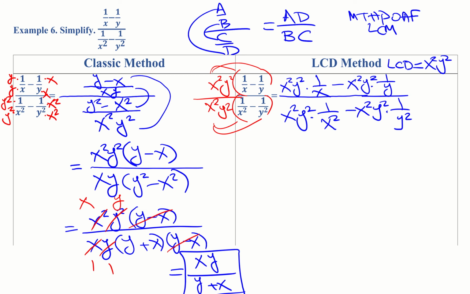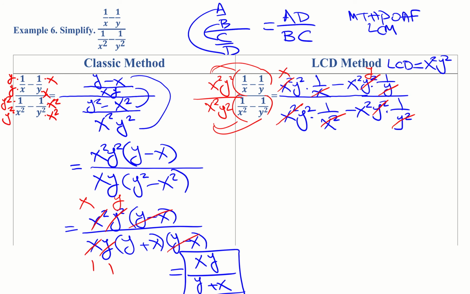So now we cross cancel as much as we can. We notice that x here goes into x squared x times, into itself once, of course. y here goes into itself once, into y squared y times. Down below, the x squared here cancels the x squared there, and the y squared here cancels the y squared there.